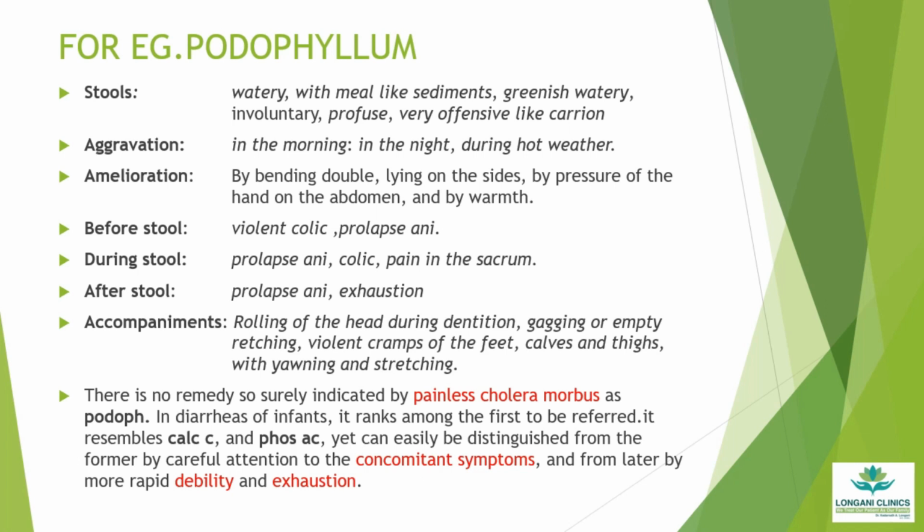Amelioration: by bending double, lying on sides, by pressure of hand on abdomen, and by warmth. Before stool, violent colic, prolapse ani. During stool, you will find prolapse ani, colic, pain in sacrum. After stool, prolapse ani, exhaustion.